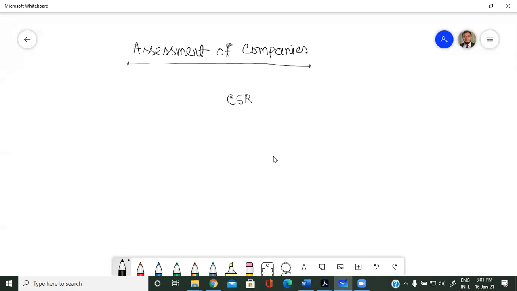So we also need to look at the CSR rules governed in the tax standards.